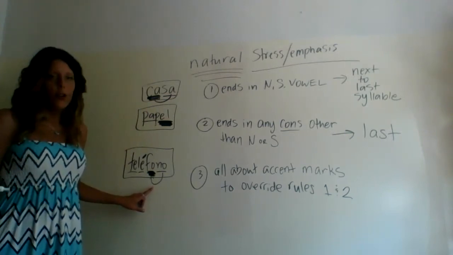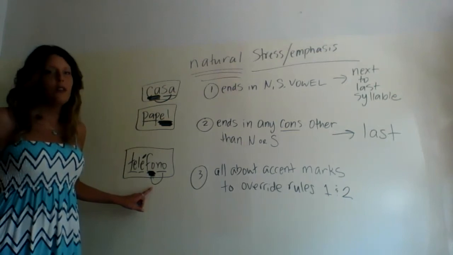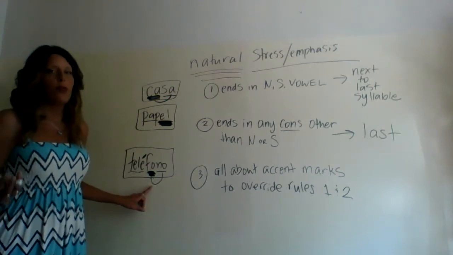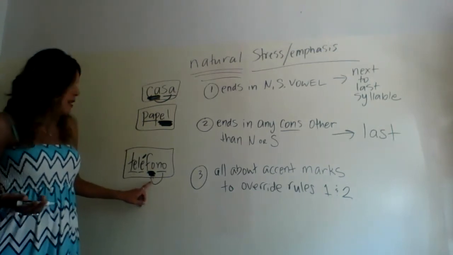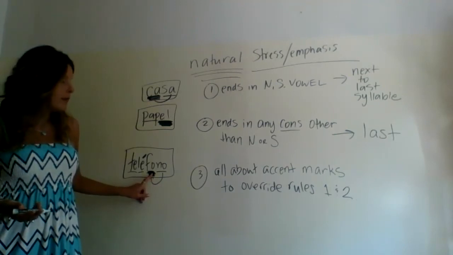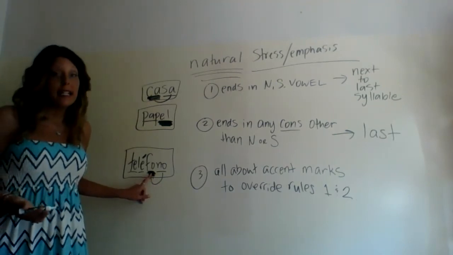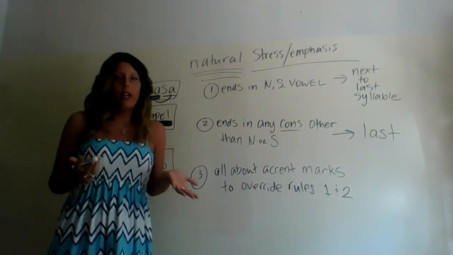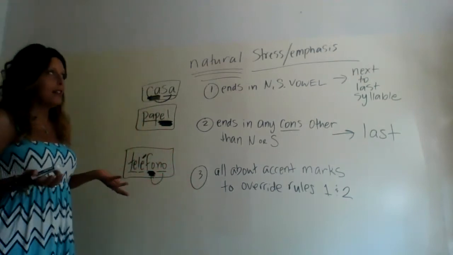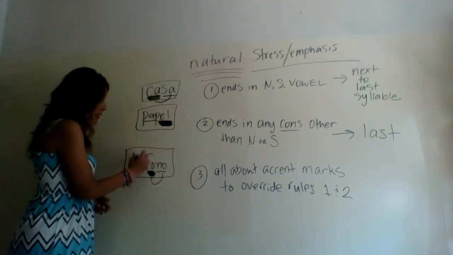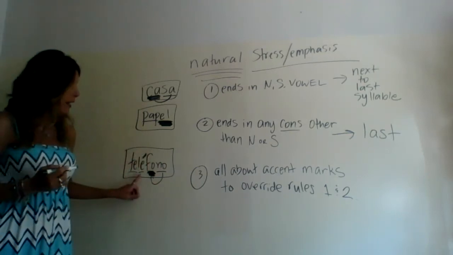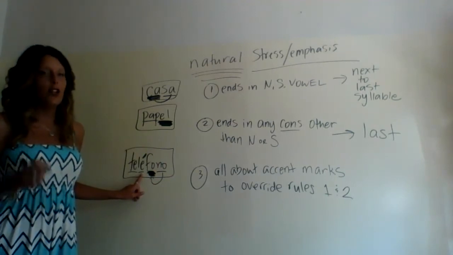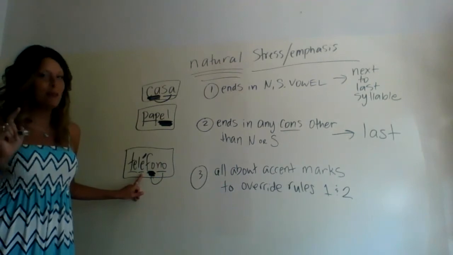So, not you, not me, the people who invented the Spanish language decided that they didn't want the noun el teléfono, the telephone or the phone, to be pronounced with the oomph, the stress or the emphasis right here. They decided they wanted it spelled with an accent mark so that we would stress a different syllable, right there over the E. You didn't decide it, I didn't decide it, the people who invented Spanish decided it.